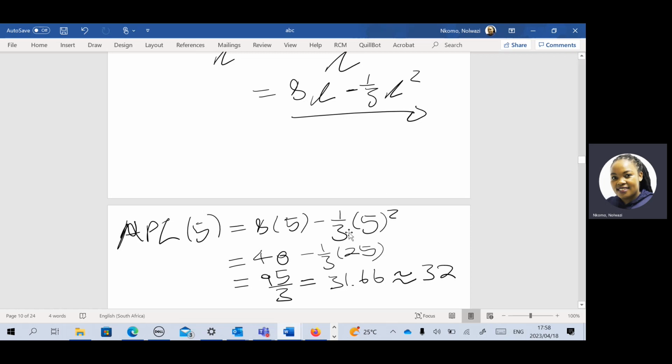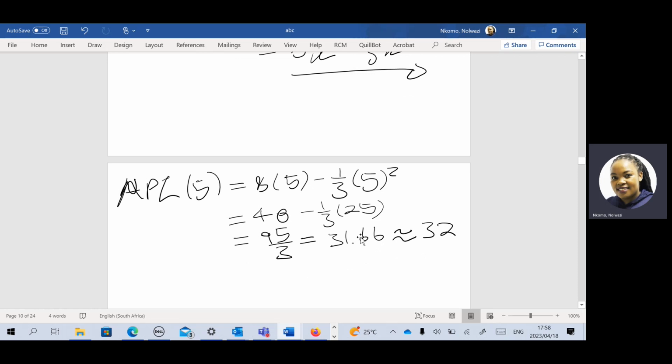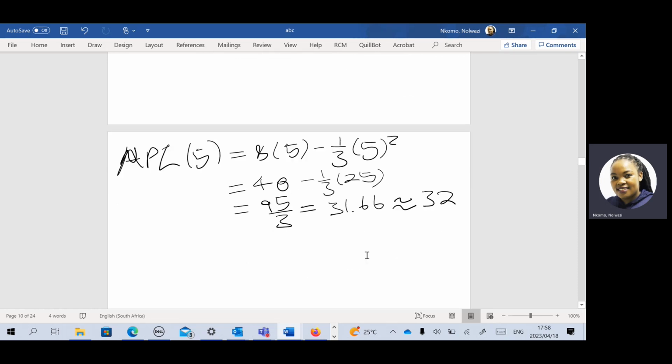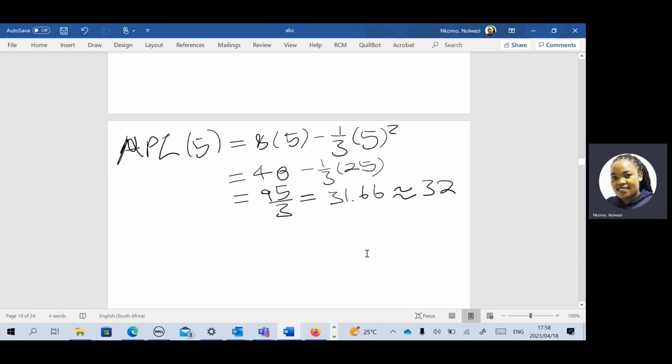Suppose you are asked to find the total daily output of our 5 workers. Okay, we know that the average productivity per worker is 32, right?